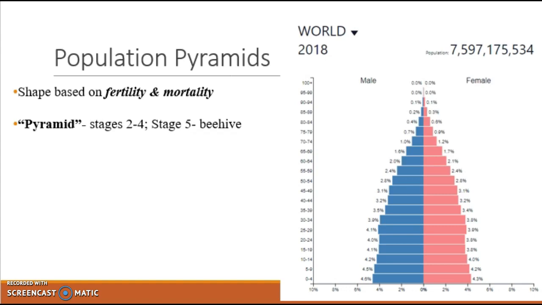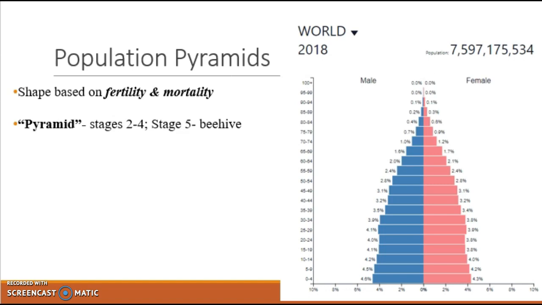If you recall from the beginning of this lecture, we anticipate our global population will near 10 billion by the middle of this century. The x-axis, the axis that goes horizontal at the bottom, shows our cohort size. And you can see we're pretty balanced here with the global population, but our youngest cohorts are the largest.